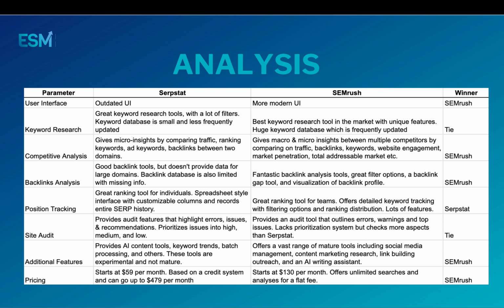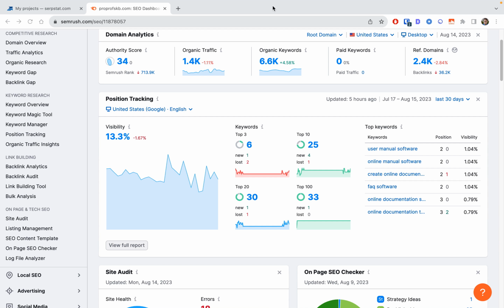Their user interface honestly sucks. It seems like it was built 10, 15 years ago. And even in terms of features, apart from the keyword research tool and position tracking, everything else is okay. SEMrush just does a fantastic job in pretty much all aspects. That's my analysis. Okay, now back to the full review.